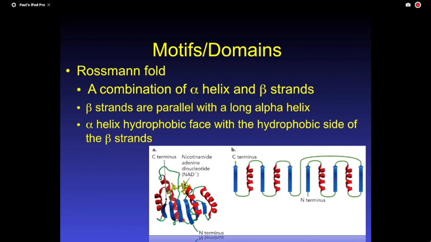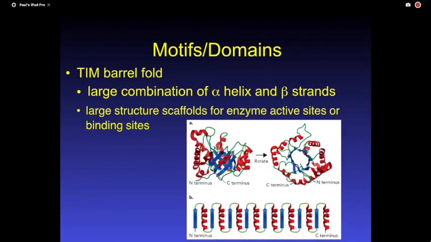There are all sorts of different folds that can happen, and you can see how you have beta sheet, alpha helix, beta sheet, alpha helix in a repeating pattern. It can get longer and create folding structures that are a little bit different, where the beta sheet inside is surrounded by alpha helix.